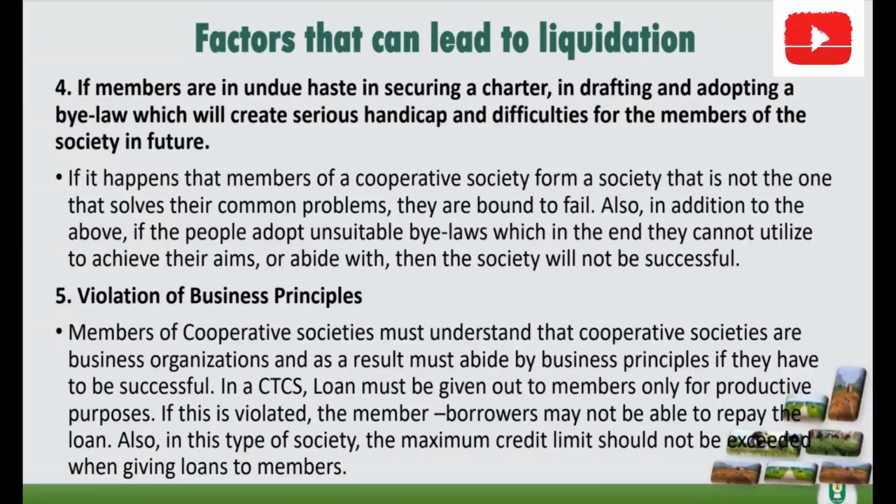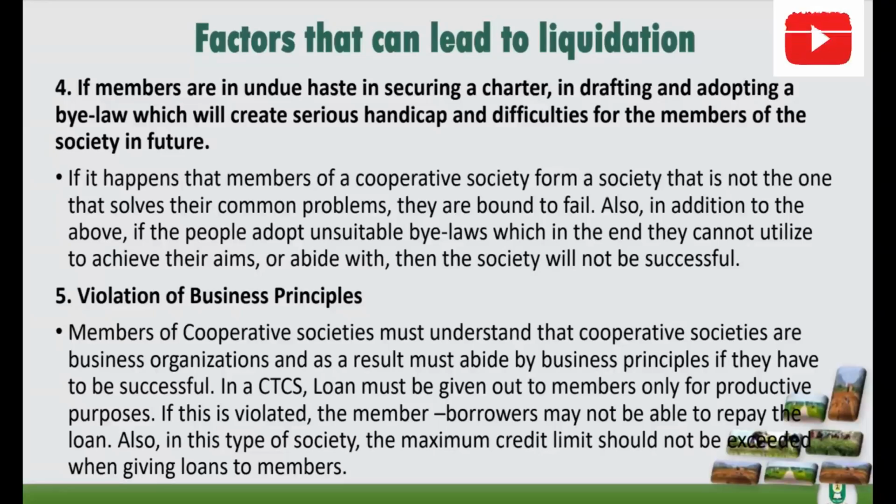So if it happens that members of the society are just in haste, they form the society and they do not coordinate the drafting of their cooperative bylaws properly, that society is bound to fail. In addition to this, if the people adopt unsuitable bylaws, which in the end they cannot utilize to achieve their aim, you get a bylaw that is not suitable to what you are doing, you end up having a law that will cripple you, and that will make the society not succeed.